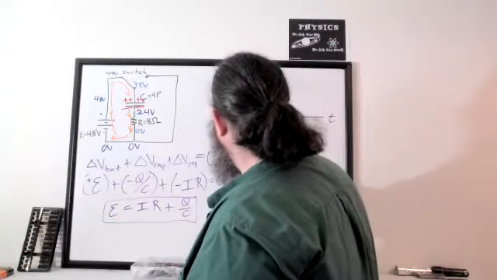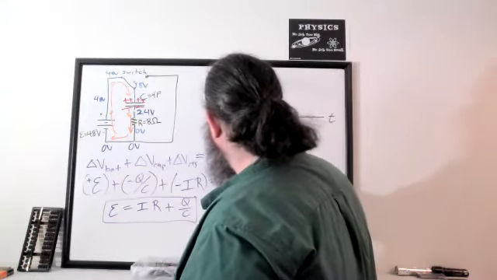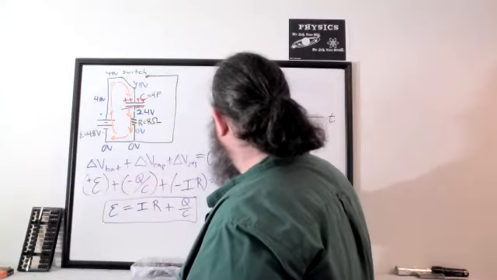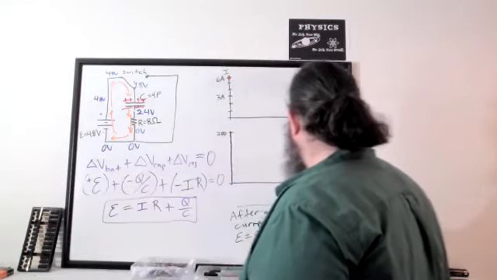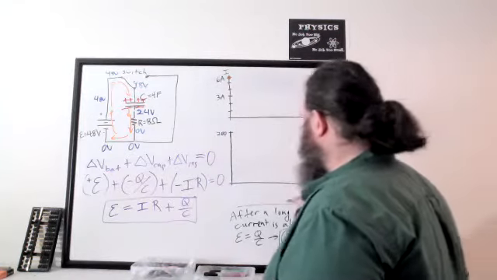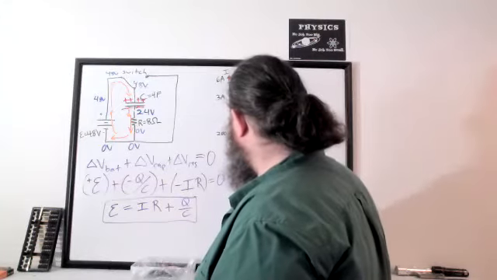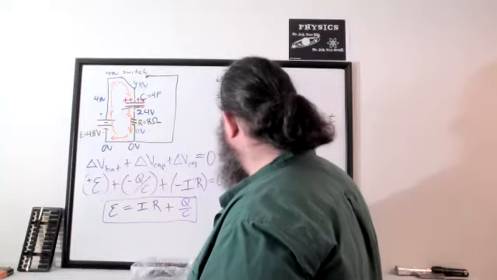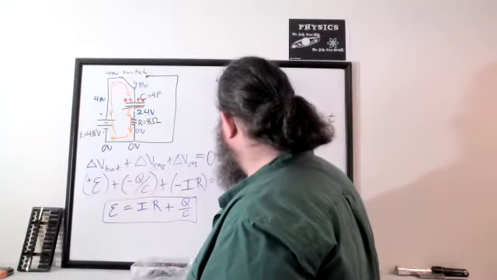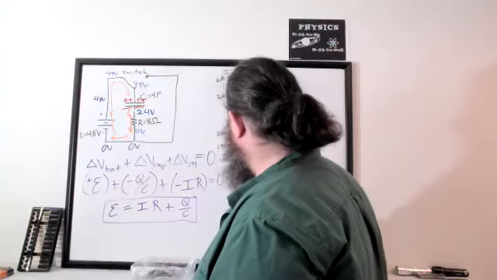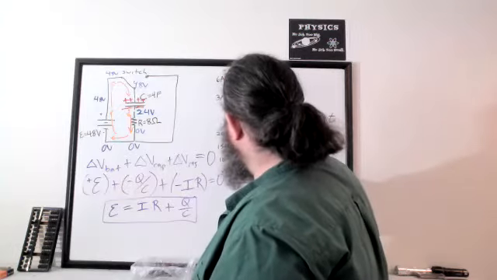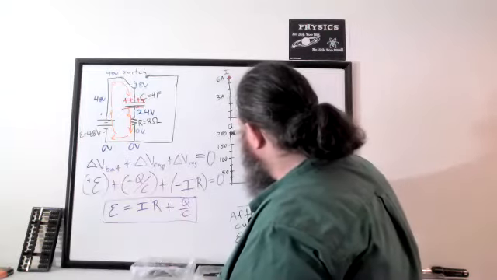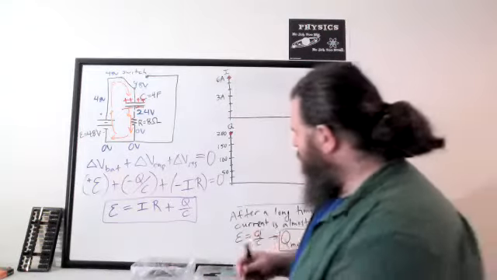For simplicity, let me just mark it in, I don't know, 25s or something. So we start just a little bit below 200. Or no, sorry, we don't start at 200.